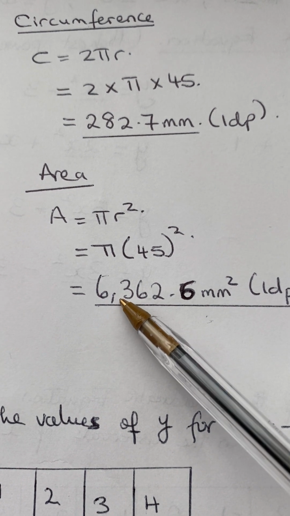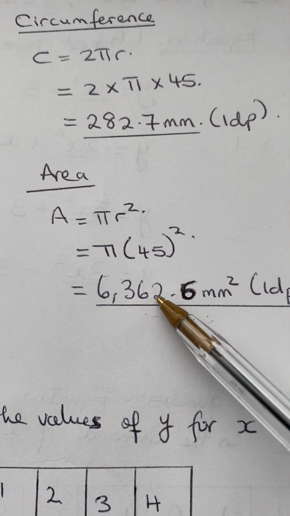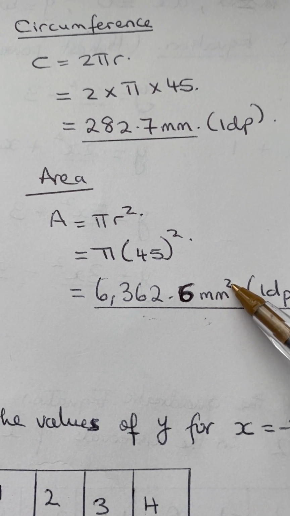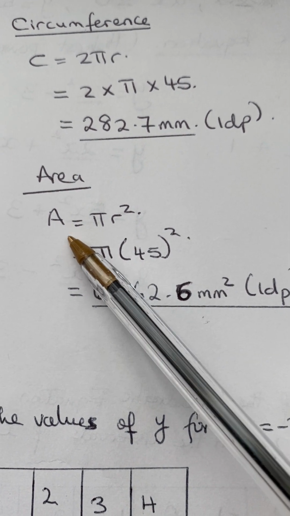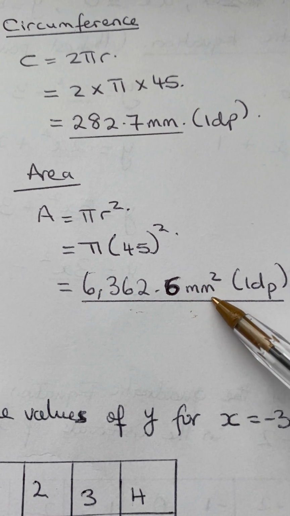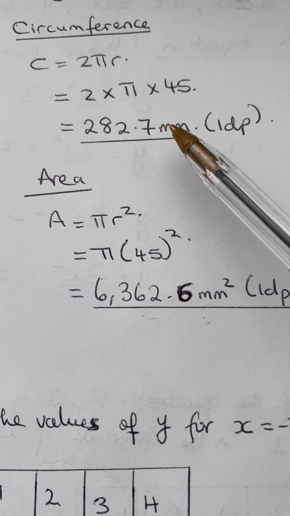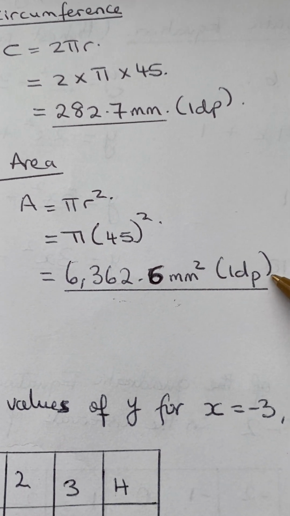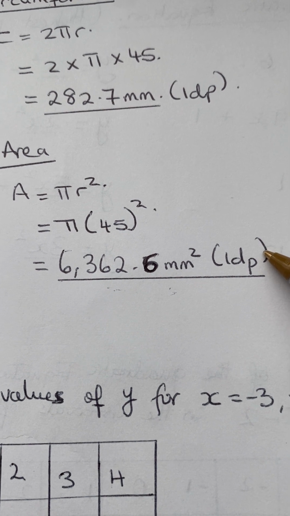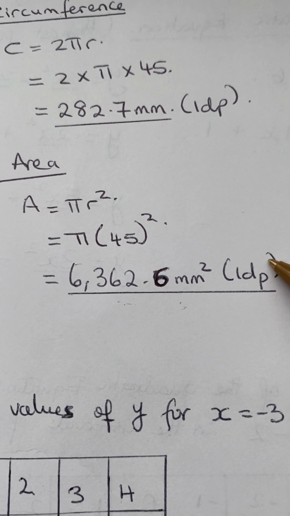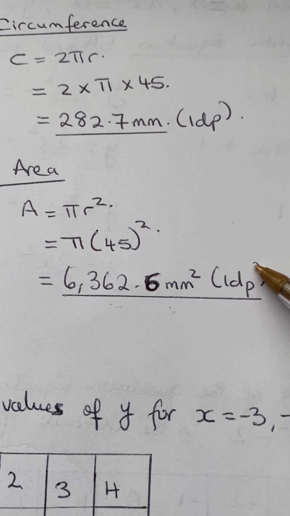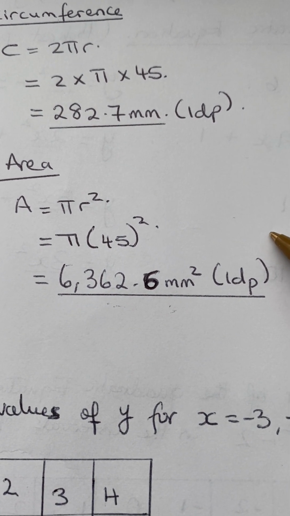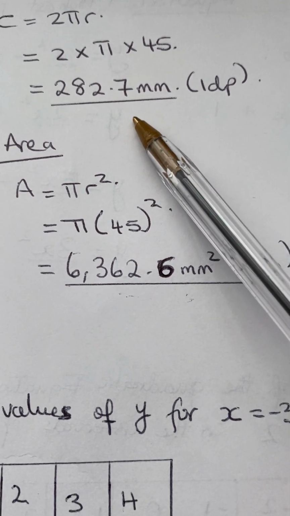You get 6362.6 millimeters squared. It's an area, so your unit will be millimeters squared. Do not forget your unit, and again to one decimal place. This is what we did in our last video. I encourage you to go back and watch it if you've not watched it already.